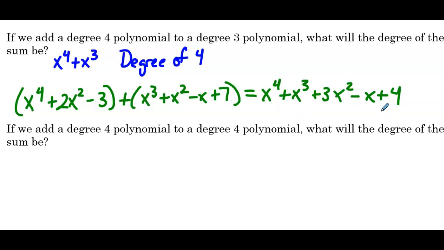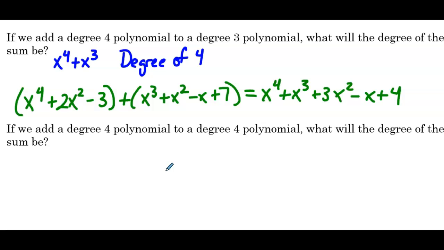Going through the process of figuring out that degree, it's going to be the degree of the highest monomial term, which is the first one, degree 4 still. So even as we increase the complexity of each polynomial, we're not changing the degree of the result.